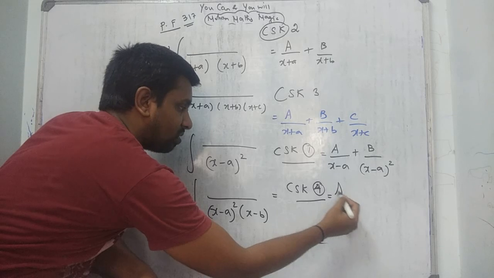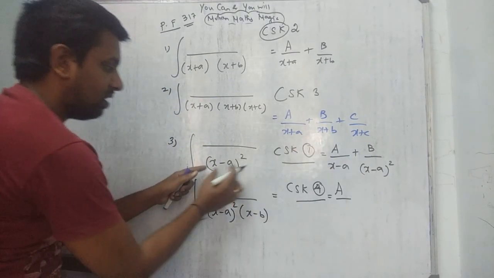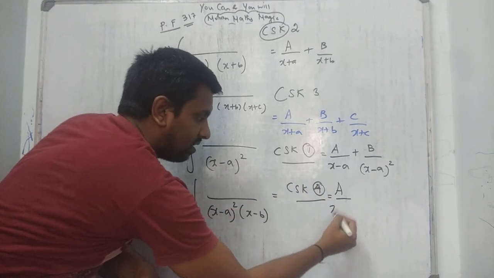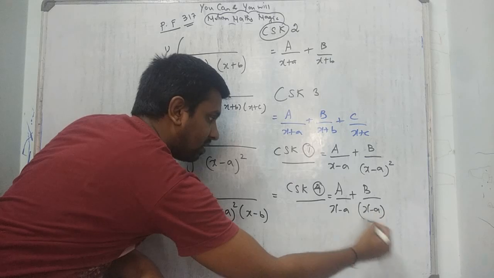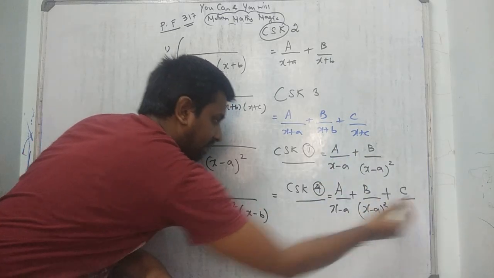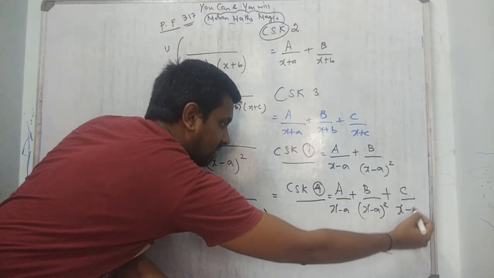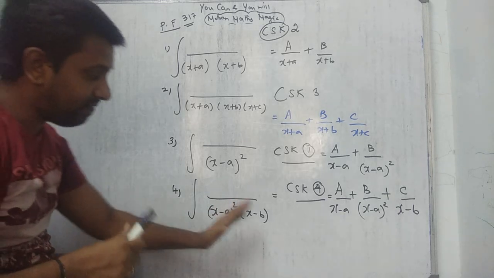So what do I do? A upon the single term, A upon x minus a, B upon the whole square, plus C upon the attachment. What is the attachment? x minus b. I repeat, CSK4, whole square with the attachment.